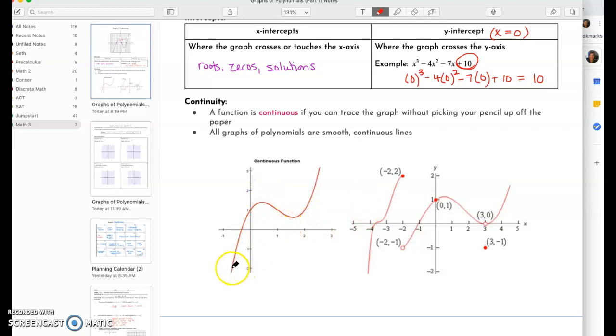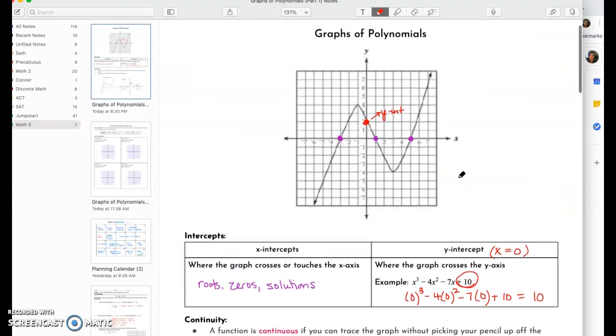But again, I can take that pencil and just keep tracing it, and that shows me that it's continuous, and it would go on to infinity. So we would say it's continuous on all real numbers. This piecewise graph over here, I would have to trace up to the top, and then I'd have to jump back down, and I'd have to skip over some points. So this would be an example of a not continuous function.